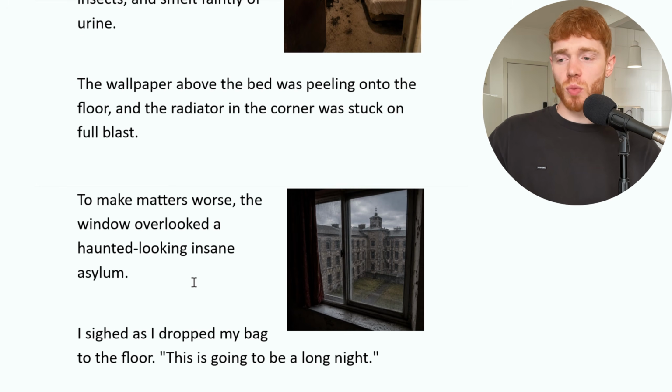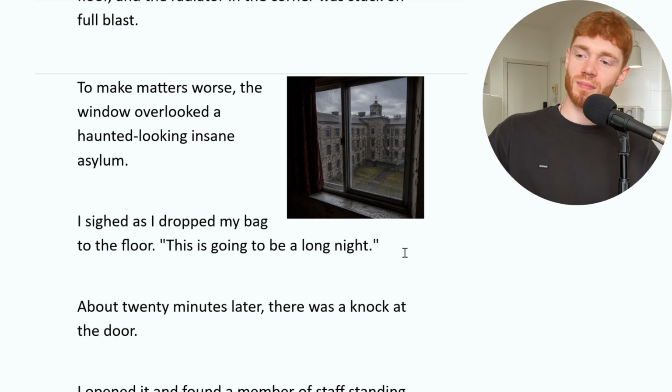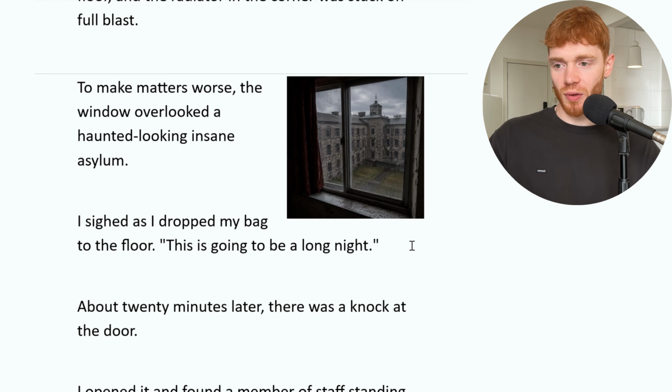To make matters worse, the window overlooked a haunted-looking insane asylum. I sighed as I dropped my bag to the floor. This is going to be a long night.